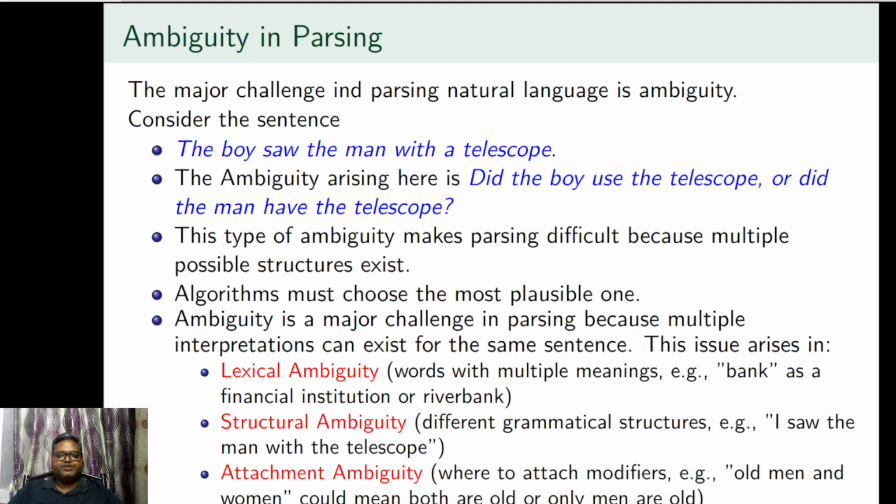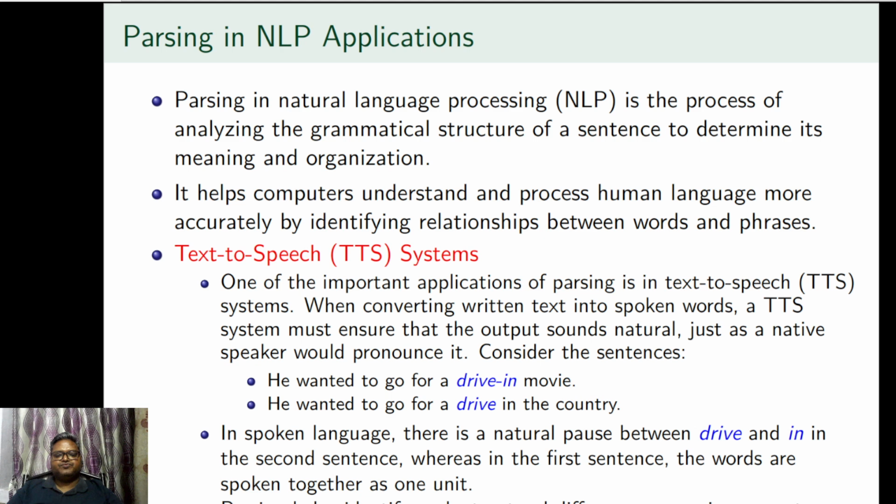Then there is another ambiguity called attachment ambiguity. For example, you say old man and woman. Does old refer to only men or both men and women? Dear boys and girls, when I say that, does dear apply to only boys or girls also? So the parsing algorithm should be able to resolve this ambiguity.